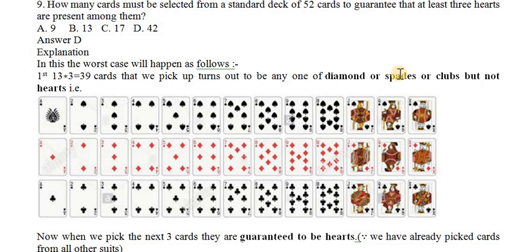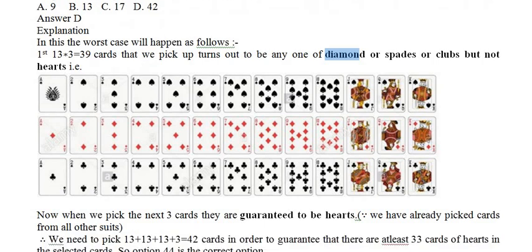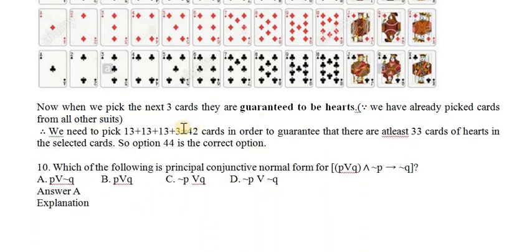Okay, so totally there are 13 heart cards, 13 diamond, 13 spade, 13 club. Okay, so if you are picking randomly, surely even after picking 39 cards, each 13 of the other kinds, you won't get a heart. So in order to get at least 3 hearts, you have to pick 13 plus 13 plus 13 plus 3.